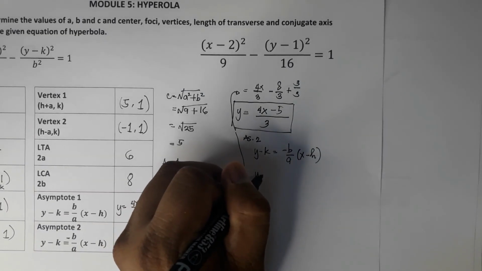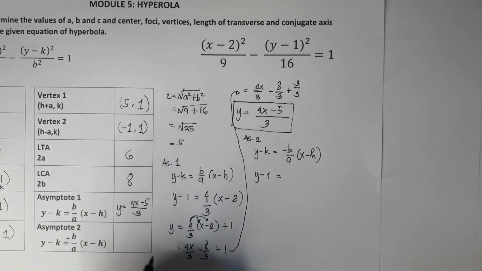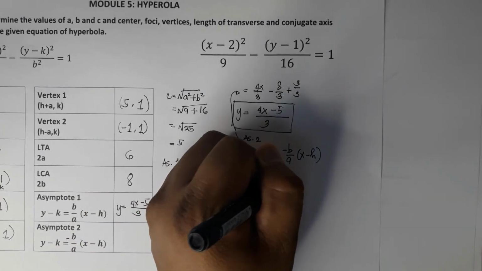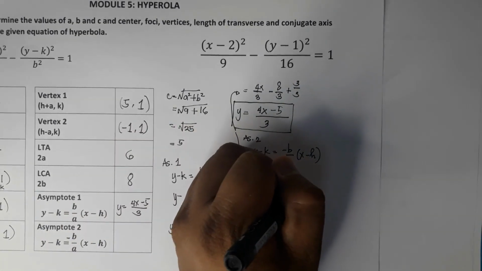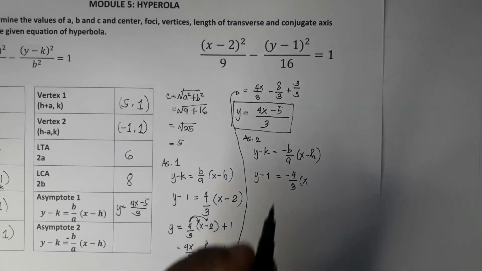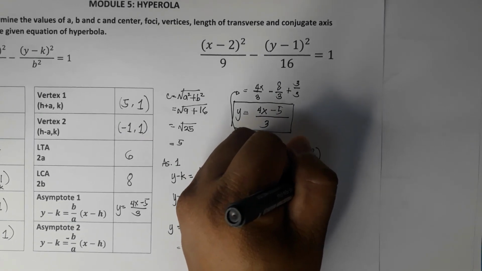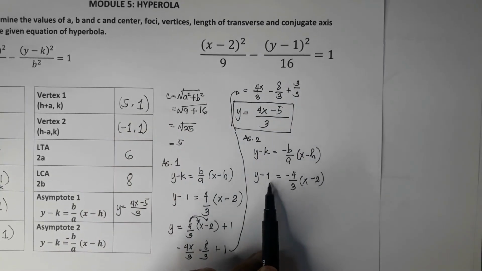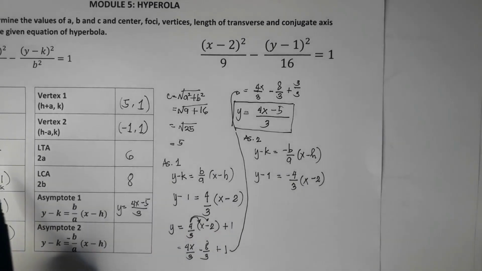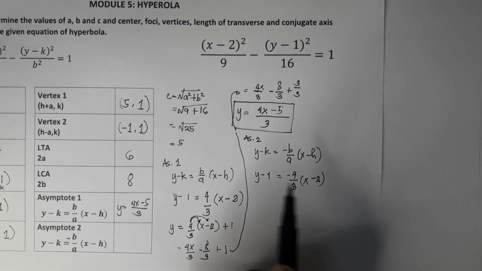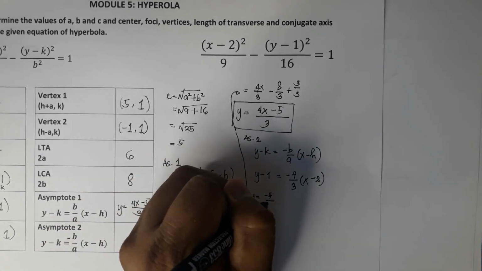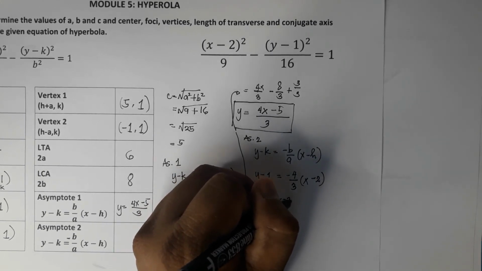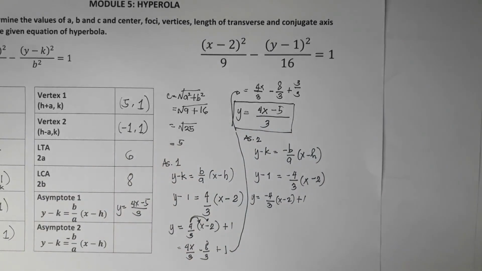So i-rewrite ko lang siya actually. y minus 1 is equal to negative 4 over 3 times x minus 2. So that's my k, which is 1, my h, which is 2. I hope nakakasunod kayo. So next stage is itatranspose natin yung 1. y is equal to negative 4 over 3 times x minus 2 plus 1.